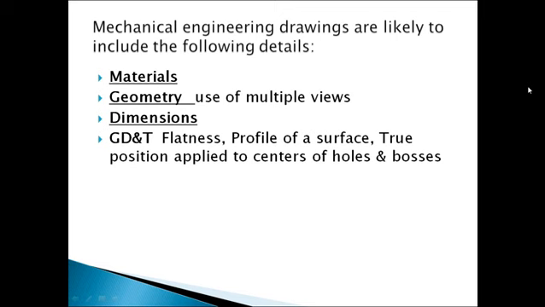Again, a very important thing is GD&T, geometric dimensioning and tolerancing. The symbols are mentioned like flatness, profile of surface, true position applied to center of holes and bosses. So GD&T is properly applied so that anyone can understand what the profile of surface is, what the flatness of surface is, and whenever we want to assemble, what kind of fit is given, whether it is an interference fit, whether it is, we can say, an interference fit.